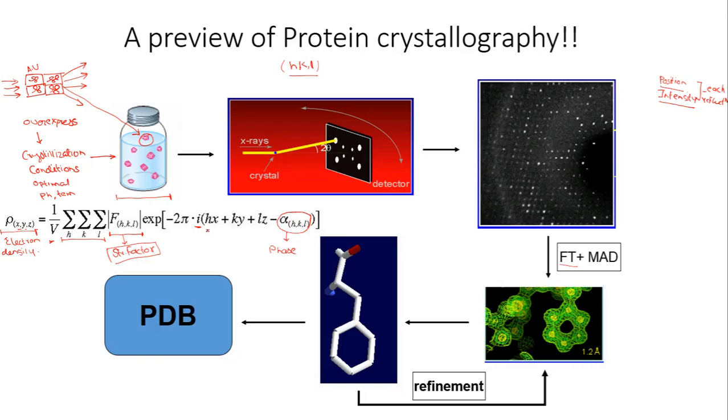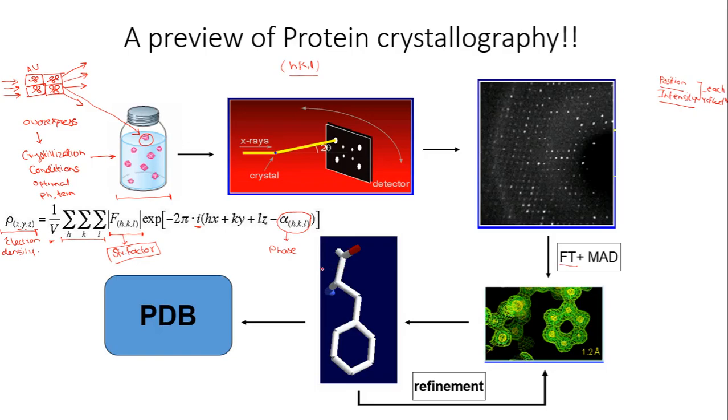By using X-ray crystallography, you can only determine the structure factor from this Fourier transform. But in order to complete this expression, you would also require the phase information. It is said that most of the structural information is hidden in this phase, so you need to perform phasing separately.